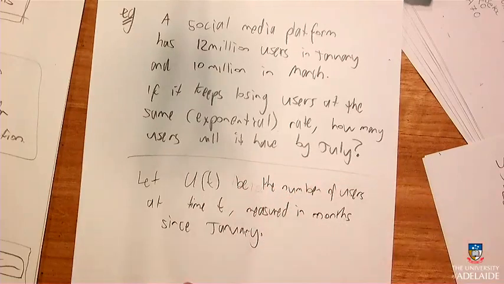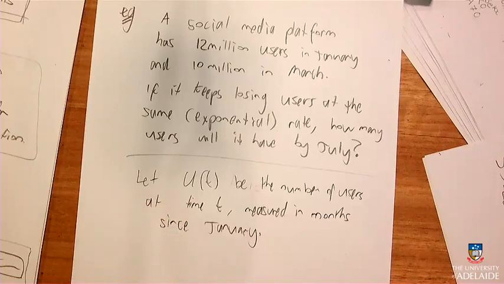So I've been very specific about what both my variables are. U is the number of users. I've tried to use a letter that makes sense in context. t is time, where t is the number of months since January. If I'd been particular, I could have used m for months, but t feels like time. Okay, and I've told what the t is measured in.